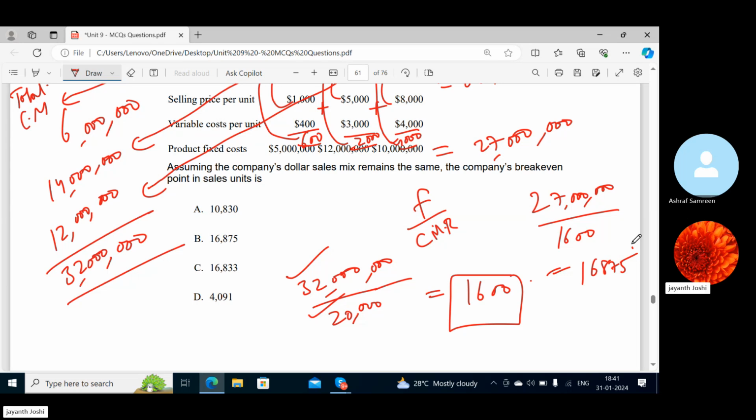So this is what they're asking to find out? This is the break-even point in sales units. So we have found out the break-even point. Fixed cost by contribution margin. This is 16,875.